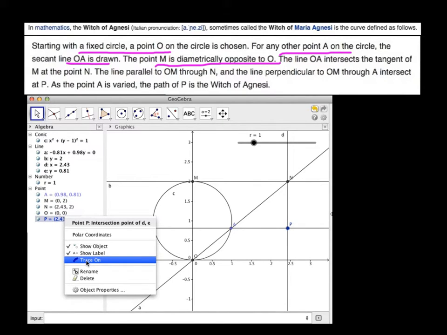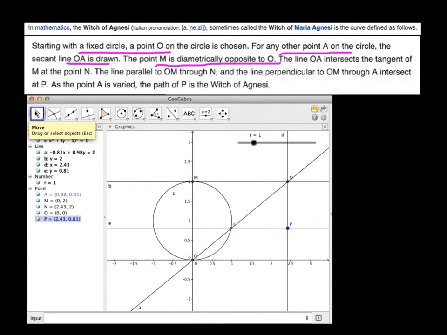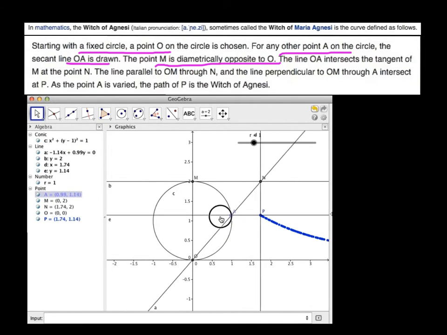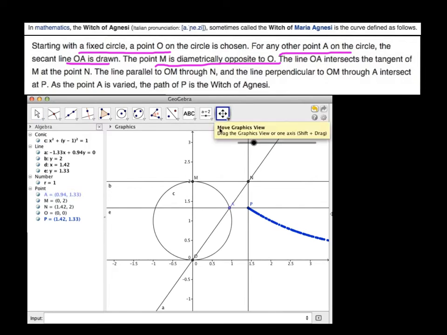Next, I want to see what is the path defined by the point P when point A moves around the circle. So for this, I'm going to trace the point P using the GeoGebra feature so that it will draw for me the path by point P. So point P is traced.